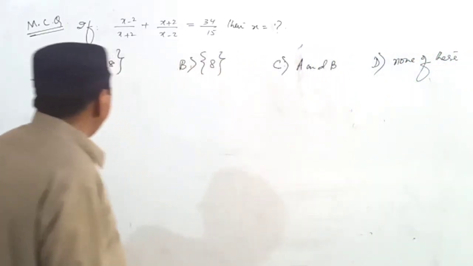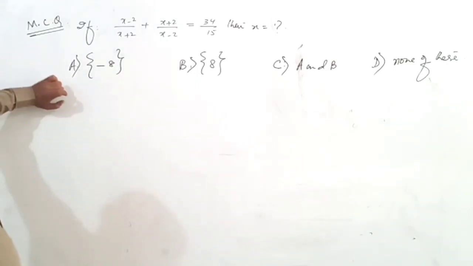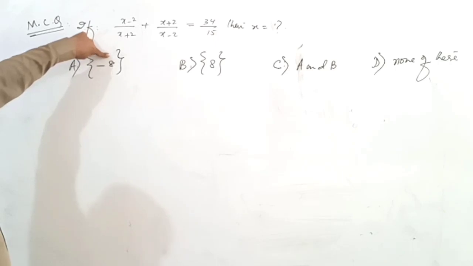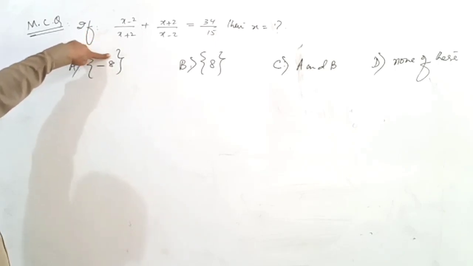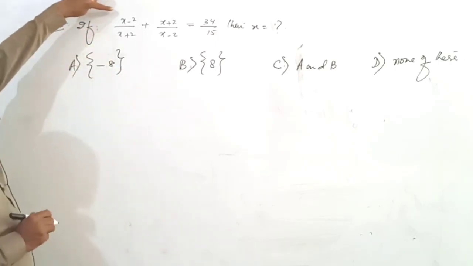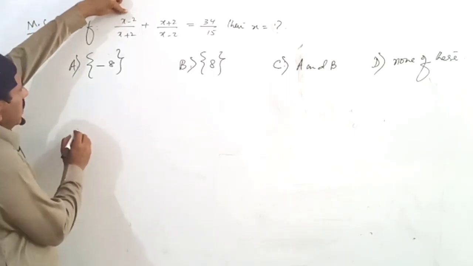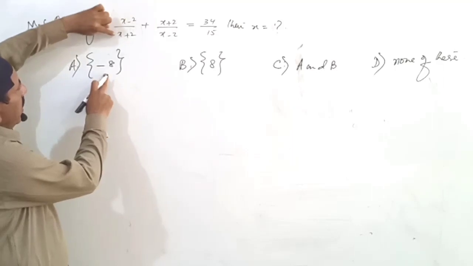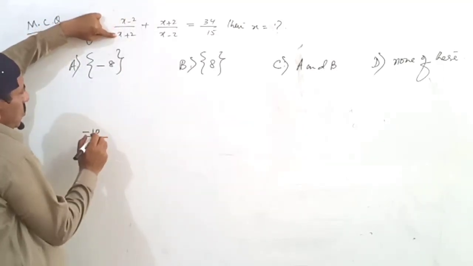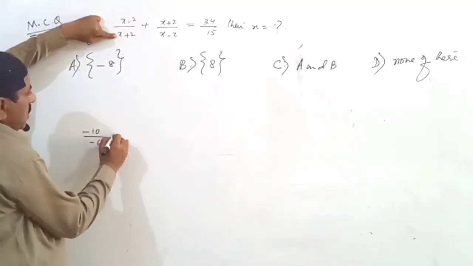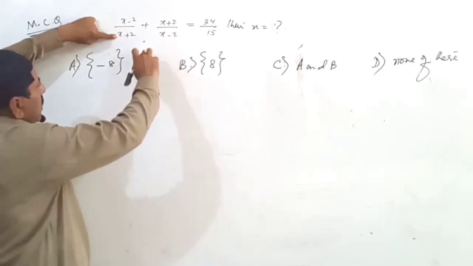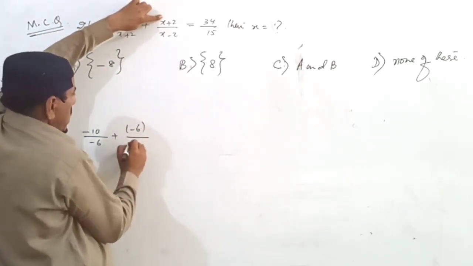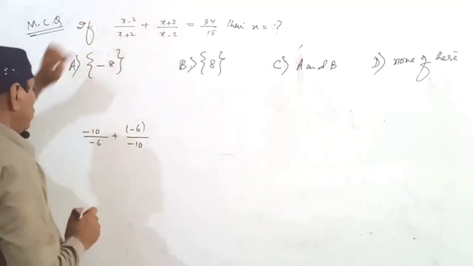Okay, now if x is equal to minus 8, so here there's minus 8 and minus 2, minus 10 upon minus 8 plus 2 means minus 6, plus minus 6 upon minus 10.